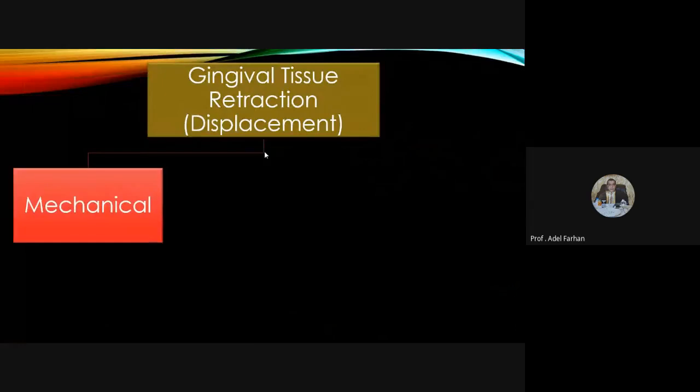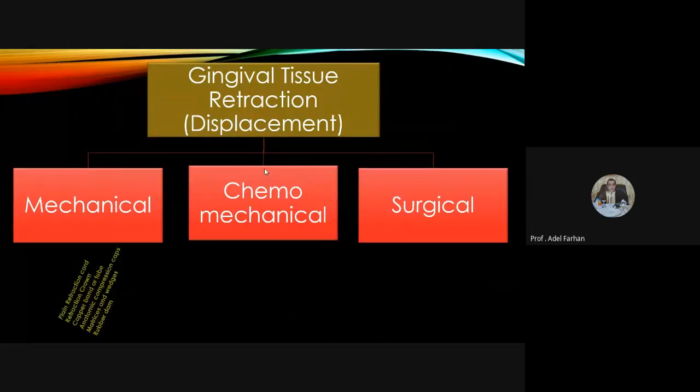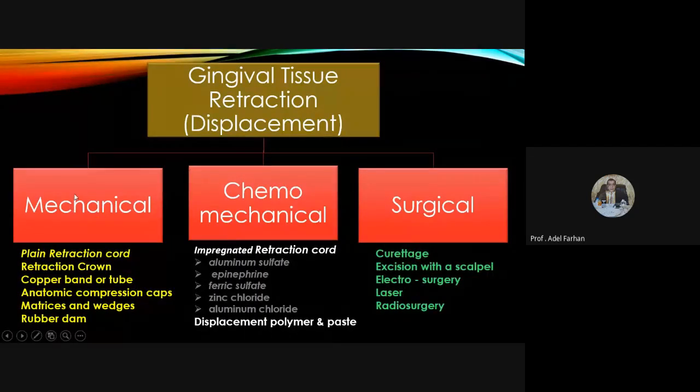We have different techniques to do gingival retraction. We have surgical, chemomechanical, and mechanical. Mechanical is where we apply pressure at the area of the sulcus, so the sulcus or gingiva will be expanded physically to create that space.